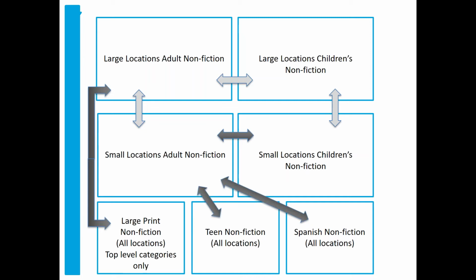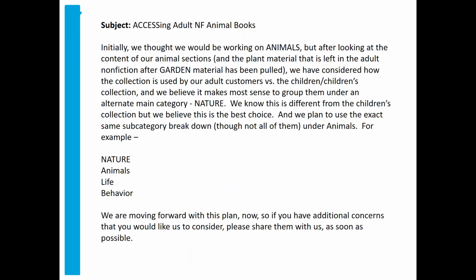As we went along, we had to reconcile some of the major differences because of the way our customers needed to use this. This is an email about a proposed decision on cataloging our animal books in our large location adult collection.